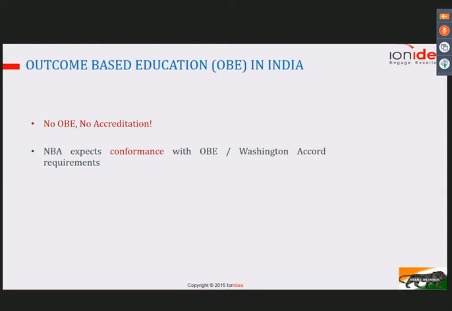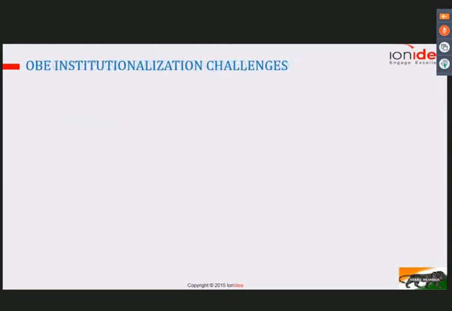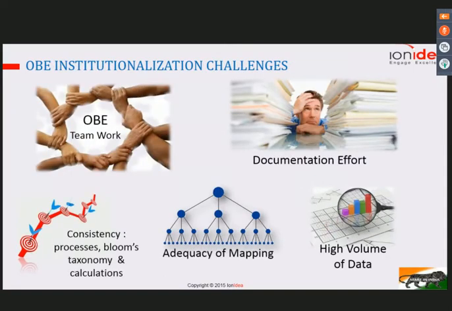India has signed the Washington Accord from July 2014, and the National Board of Accreditation has made it mandatory for all institutes to get the accreditation. Because of this, all the institutes in India are going for this National Board of Accreditation, NBA. So this is about why OBE in India.